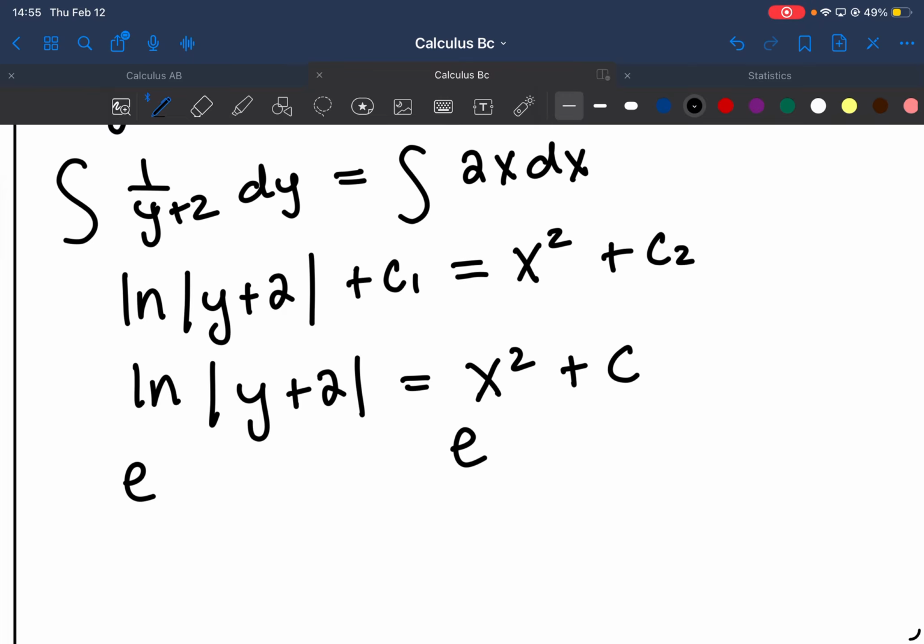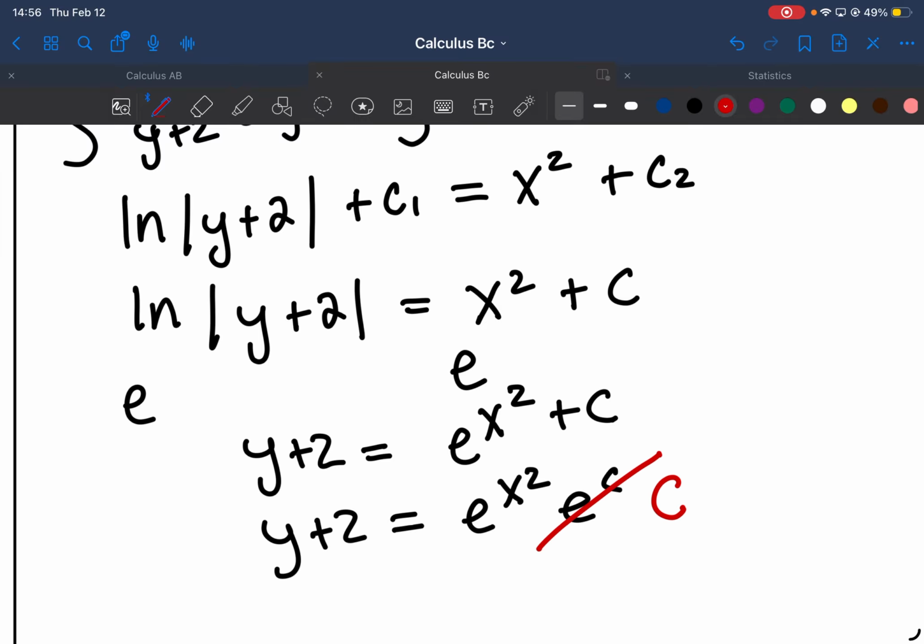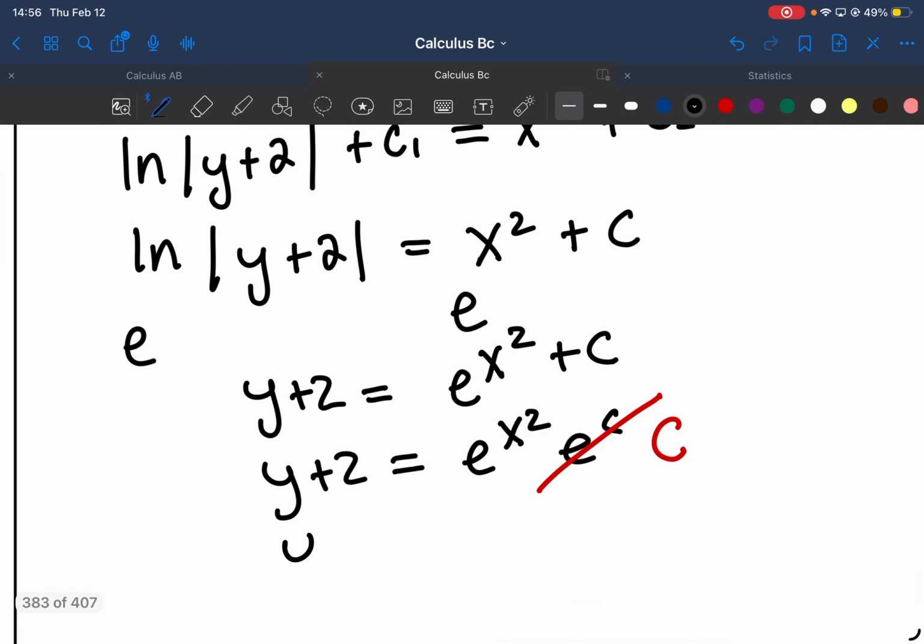So I have y plus 2 is equal to e to the x squared plus c. Good, which turns into y plus 2 is equal to e to the x squared times e to the c. E to the c is just a number, so that's the same as saying c. So we have y is equal to c times e to the x squared minus 2, because I'm getting y by itself.